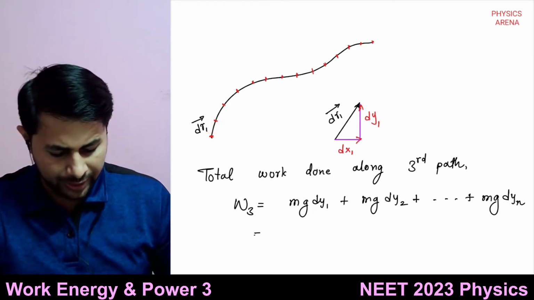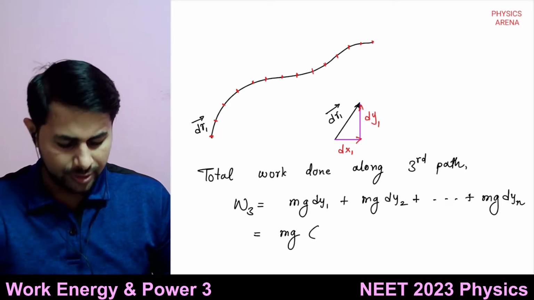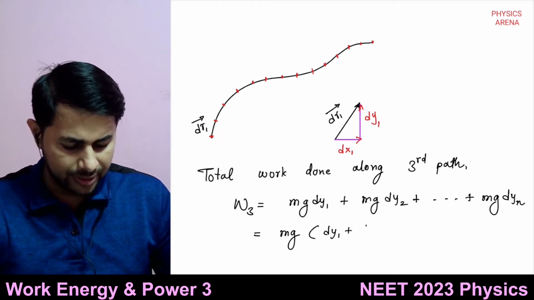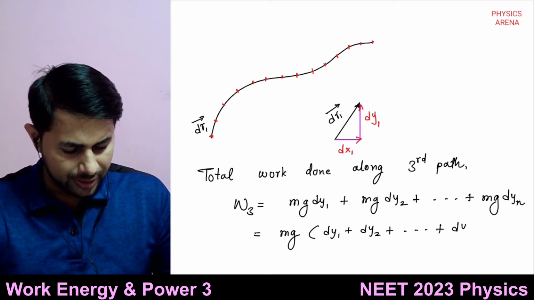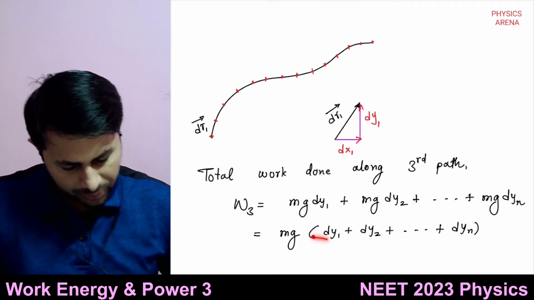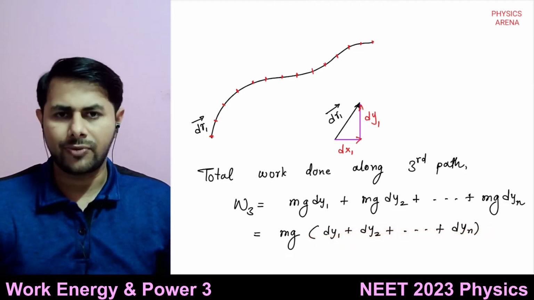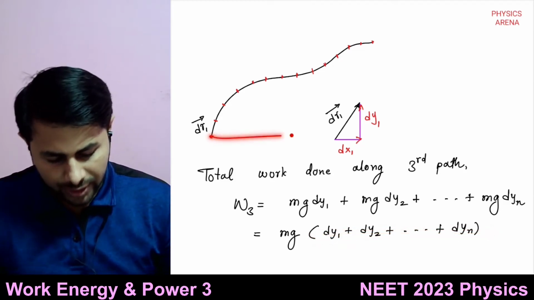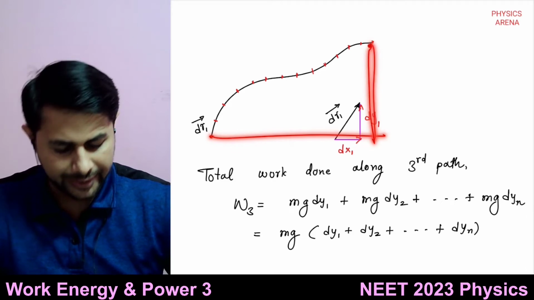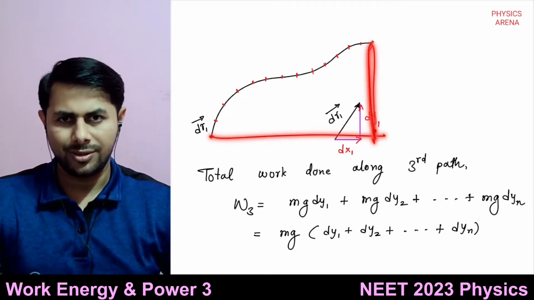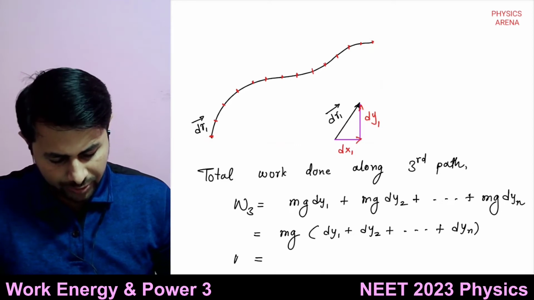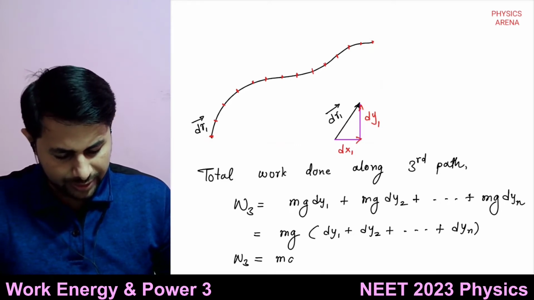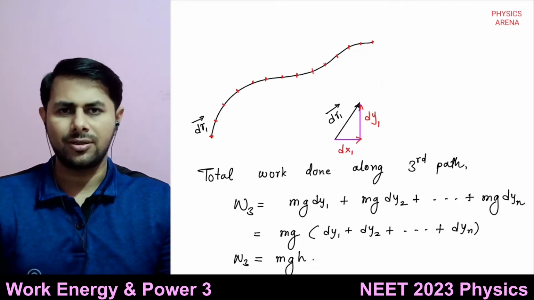Then you can take mg common, so it will be dy1 plus dy2 plus so on and so forth up to plus dyn. And if you add all of this, what will you get? You will get the total difference between the heights of these 2 points, which is h. Okay, and therefore W3 is mgh only.